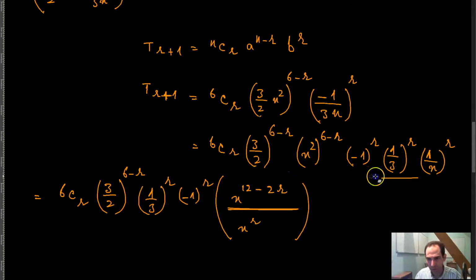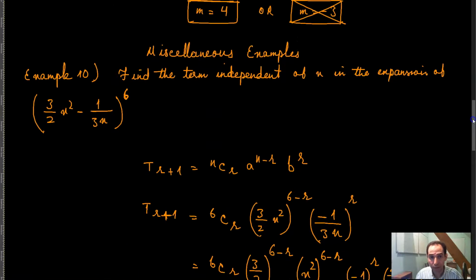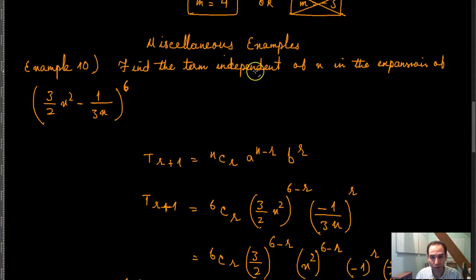Now of course you can simplify this part. These other parts are not important because they don't contain the variable, and here we want to find the term that is independent of x, meaning that x should not be there.